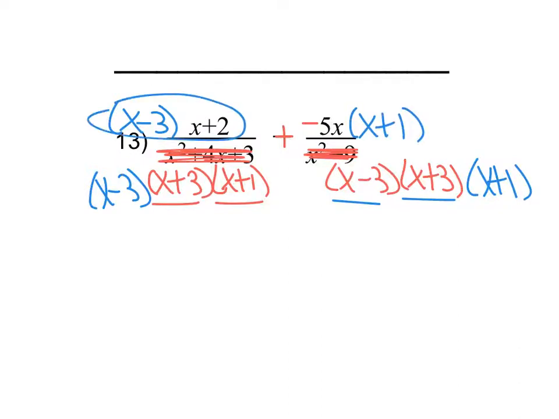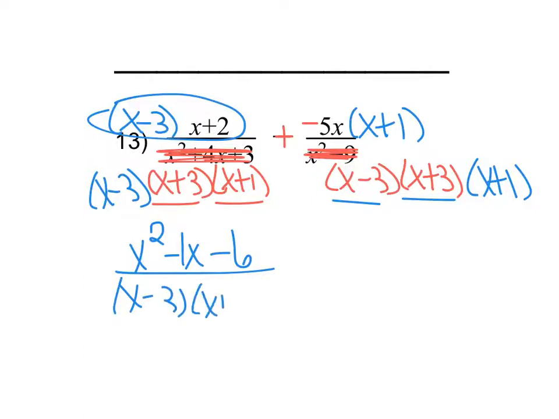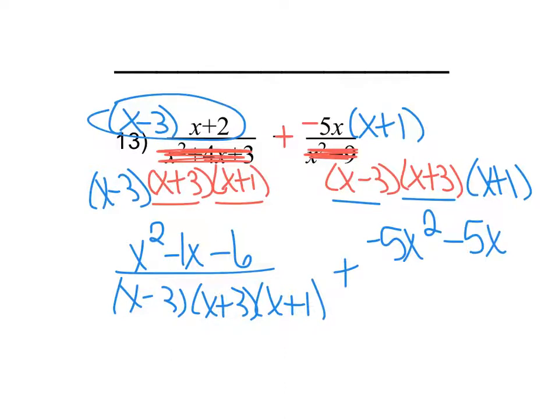And when I FOIL this up here, I get x squared minus 1x minus 6 all over x minus 3, x plus 3, x plus 1, plus, when I distribute the negative 5x, I get negative 5x squared minus 5x all over x minus 3, x plus 3, x plus 1.